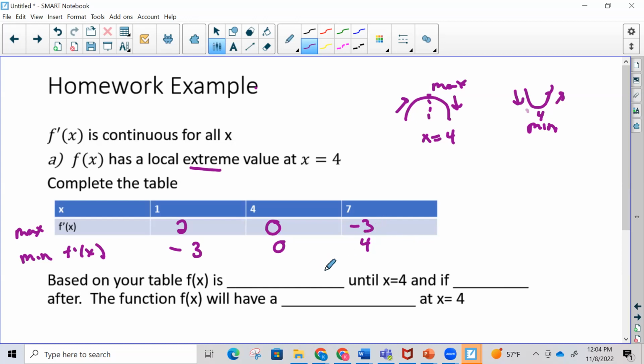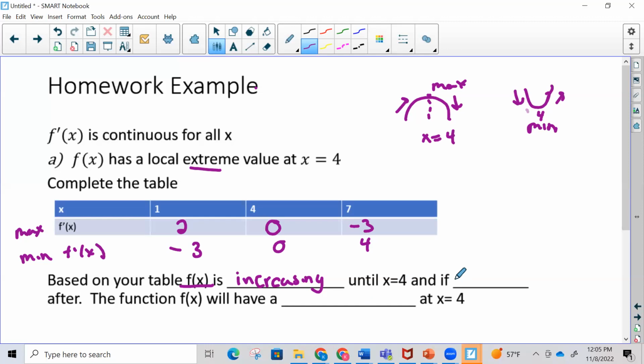And then based on your table, you're going to fill in these words. So based on your table, f of x is blank until x equals 4. So my first one, if it was a max, I would say f of x is increasing until x equals 4. Okay, again, this is f prime, so I'm not talking about that. I'm talking about what the original function is doing.